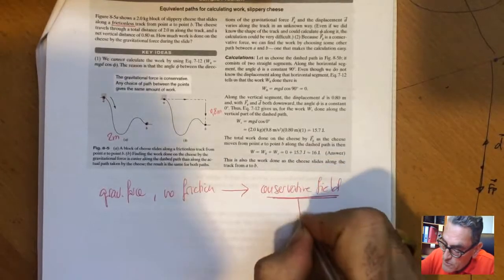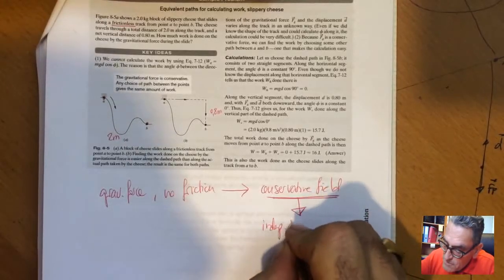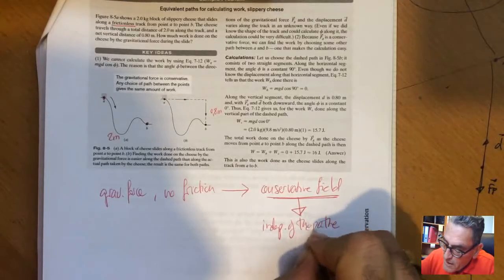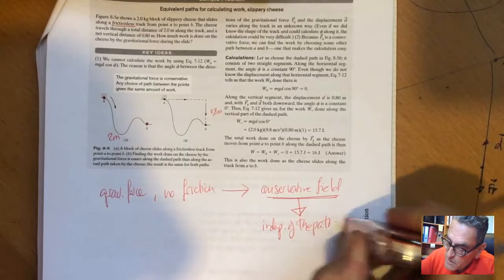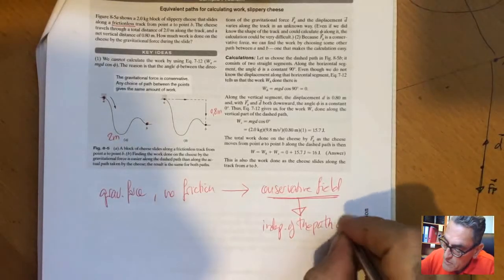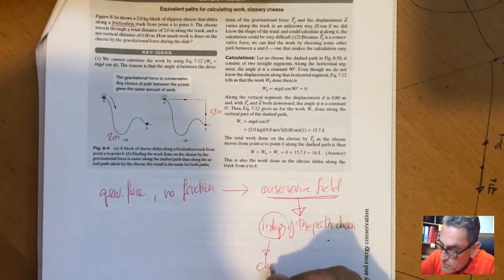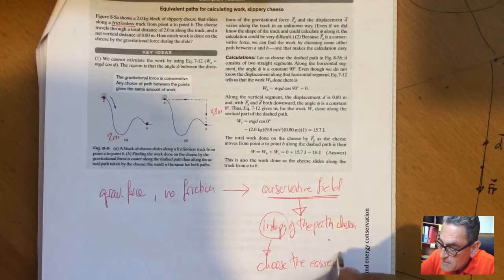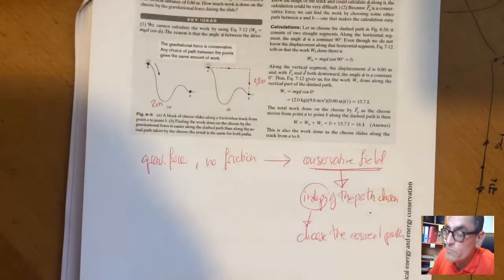If it's a conservative field, it means the work is independent of the path chosen. Aha, it's independent of the path chosen. If it's independent, then choose the easiest path. And what's the easiest path to compute the work?